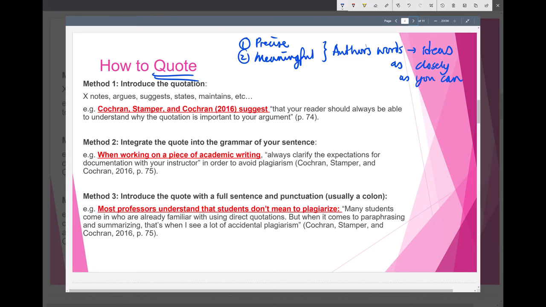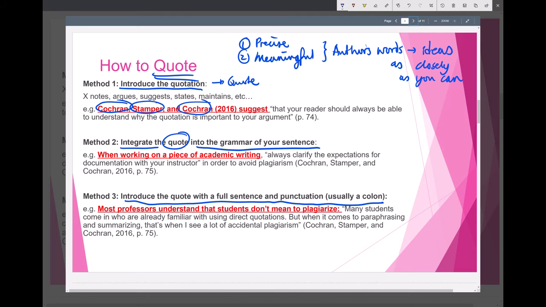So, 3 methods. 1 is to introduce the quotation and then quote. 2 is to integrate the quote into your sentence. And 3 is to introduce the quote with a full sentence and usually a colon. So the first one reads like this. So we have 3 authors, Cochrane, Stamper, and Cochrane.